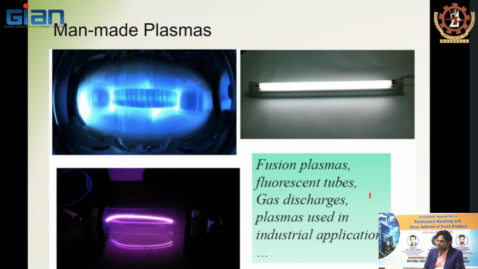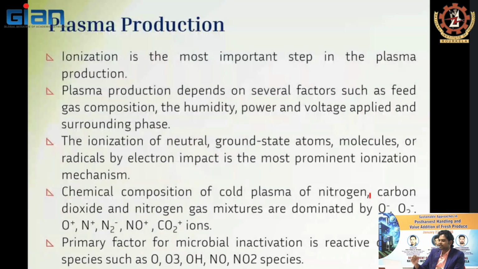It can be a modification process, or a sterilization process, or just a cleaning process. So there are a number of applications for cold plasma, right? The only thing is, we have to make a plasma outside, and the plasma has to come in contact with the food materials. Okay. Now let us come to the plasma production.